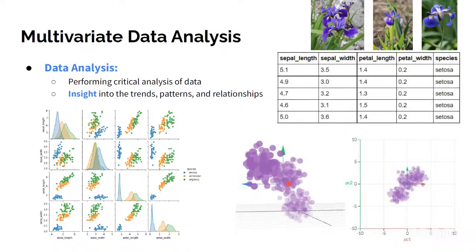Can anyone tell me what's the difference between multivariate data analysis and univariate data analysis? Like based on what do you decide, okay, this is multivariate and something is univariate? Based on what?